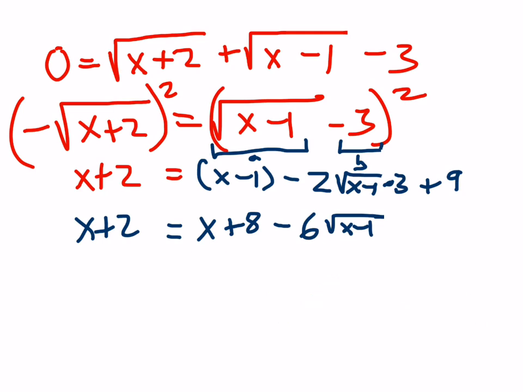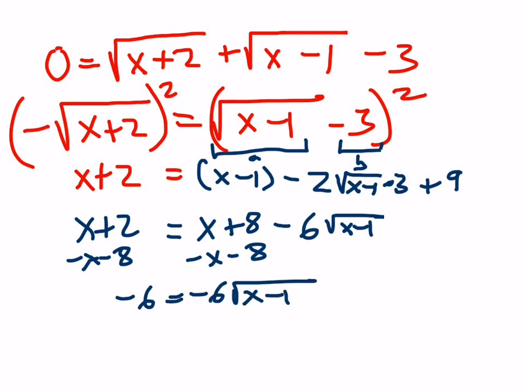Let's go ahead and get this radical all by itself because we've got to get rid of it now. So we're going to subtract x from both sides and subtract 8 while we're at it. It's going to give us negative 6 equals negative 6 square root of x minus 1. That's handy. Divide by negative 6, divide by negative 6, and we end up with 1 equals the square root of x minus 1.